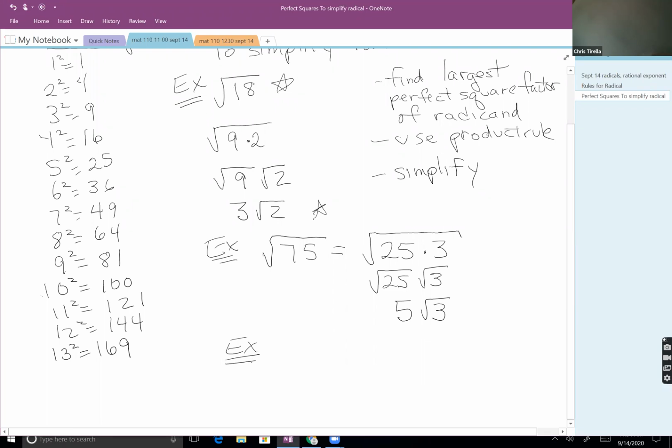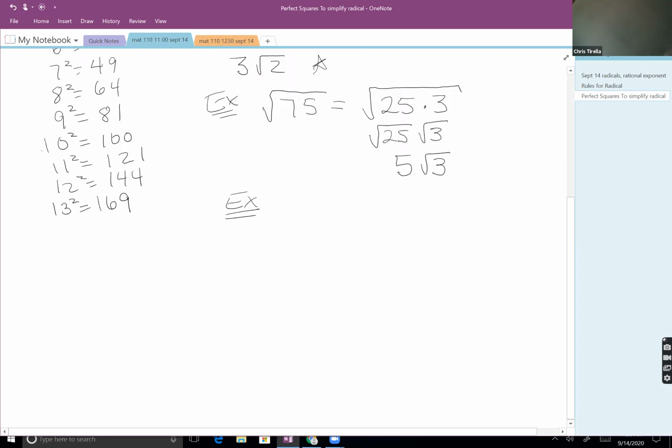Next one, we're going to find there's a couple ways of doing it depending on whether you see the glass as half empty or half full. If I have the square root of 32.